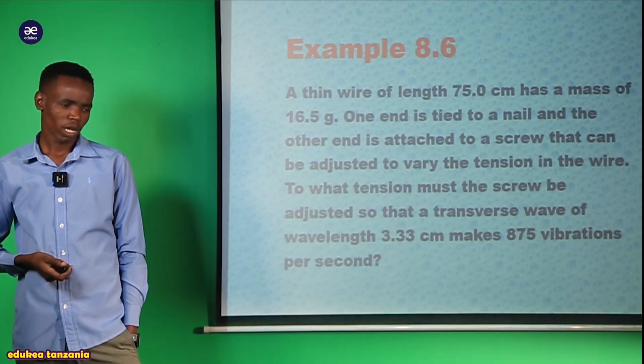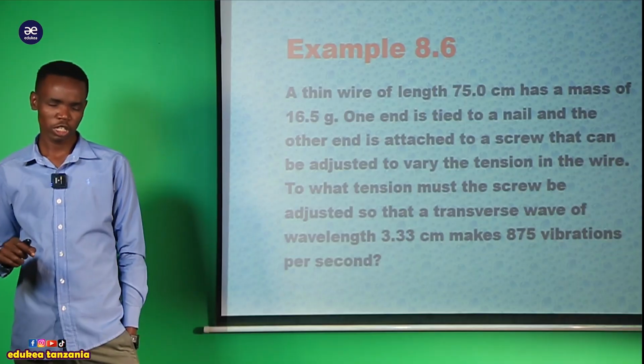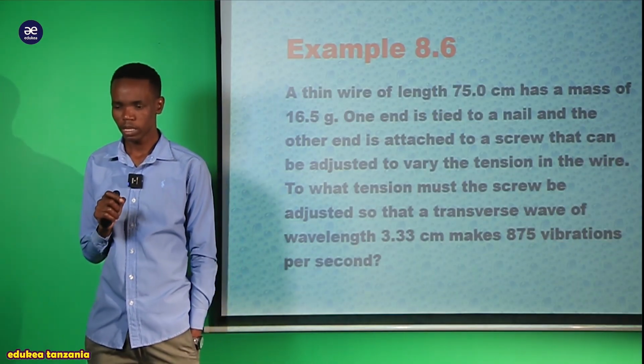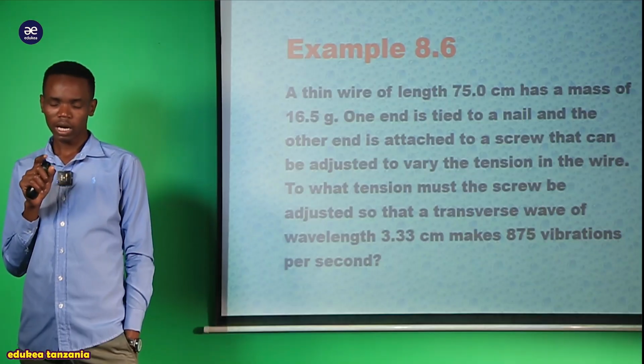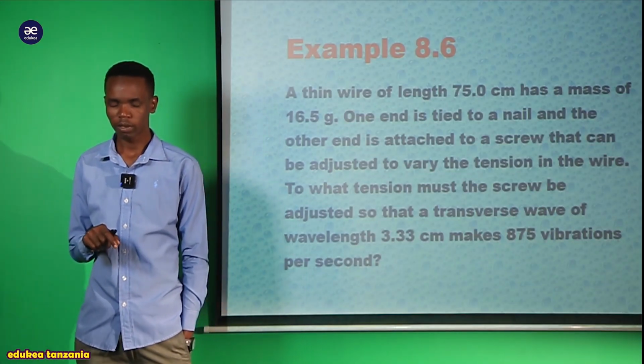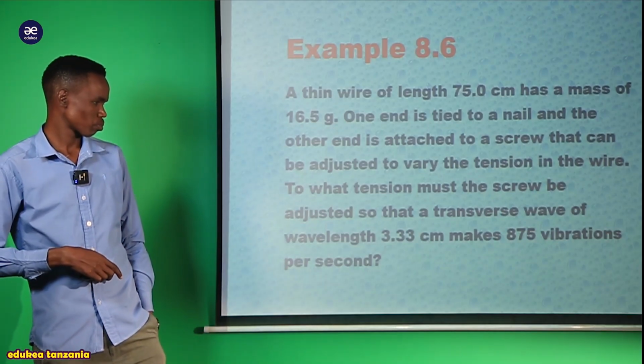Finally, we said that with respect to the tension, the frequency of the nth harmonic must be equal to 1 over 2L times the radical of the tension divided by the linear mass density.